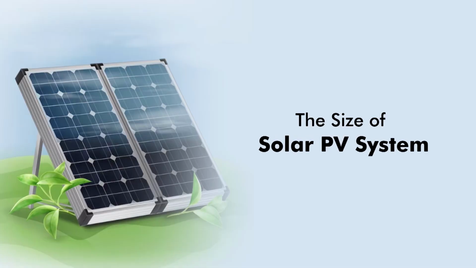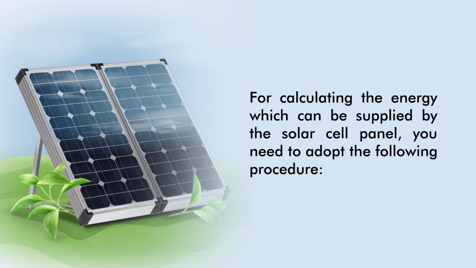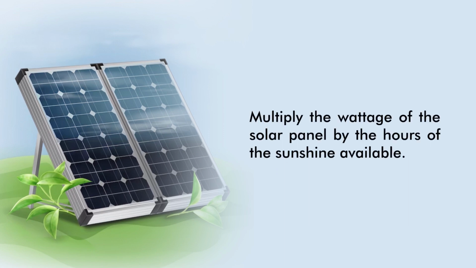Now how is the size of the solar PV system decided? For calculating the energy which can be supplied by the solar cell panel, you need to adopt the following procedure. First, multiply the wattage of the solar panel by the hours of sunshine available.